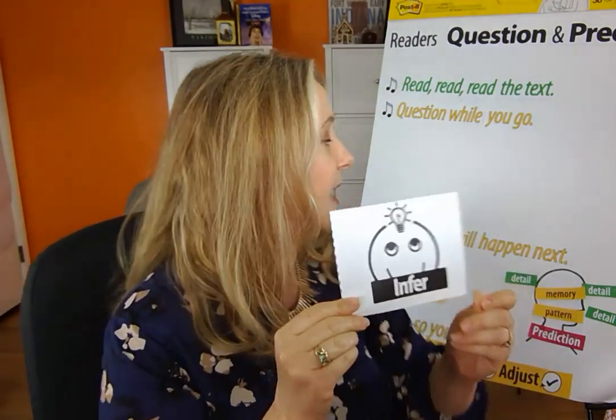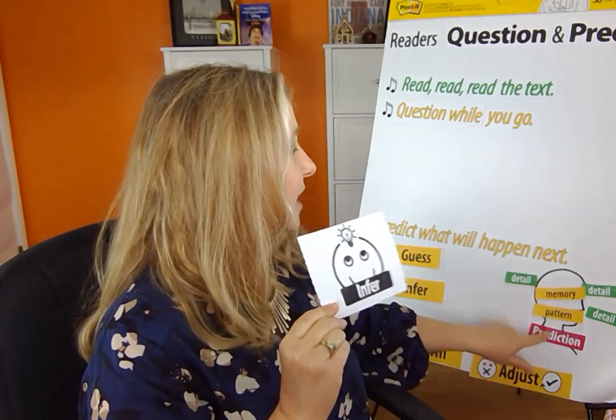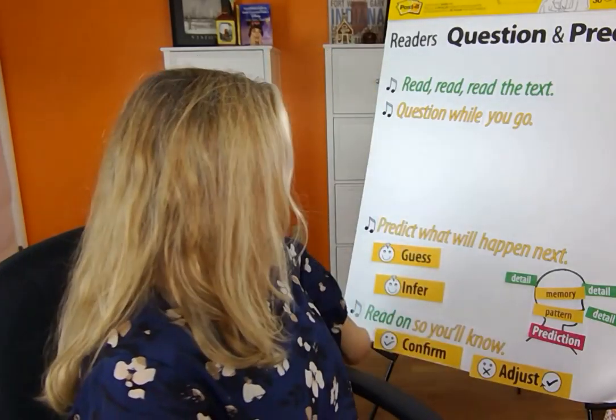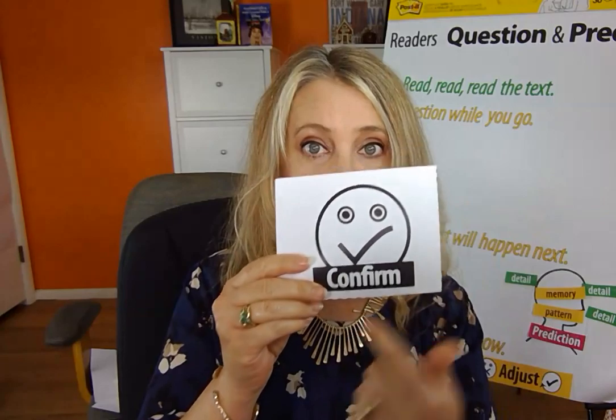And so we know that when you are having those types of thoughts as a prediction, it's just another form of an inference. And so when you read on so you'll know, you either confirm, yep, that's what I was thinking.